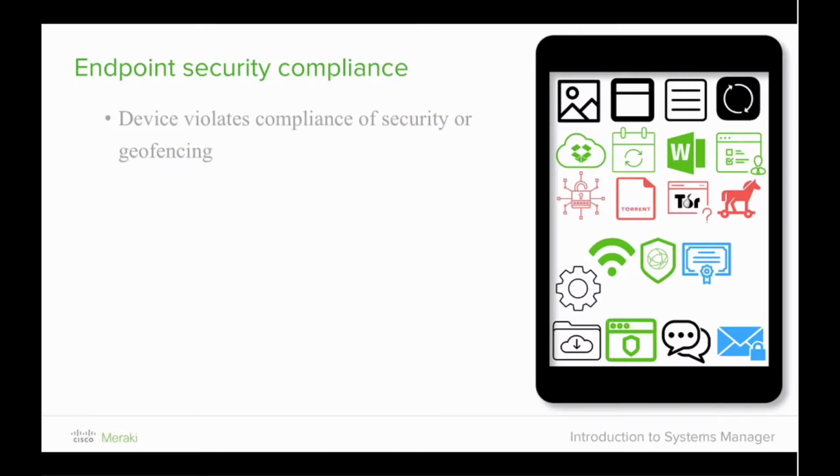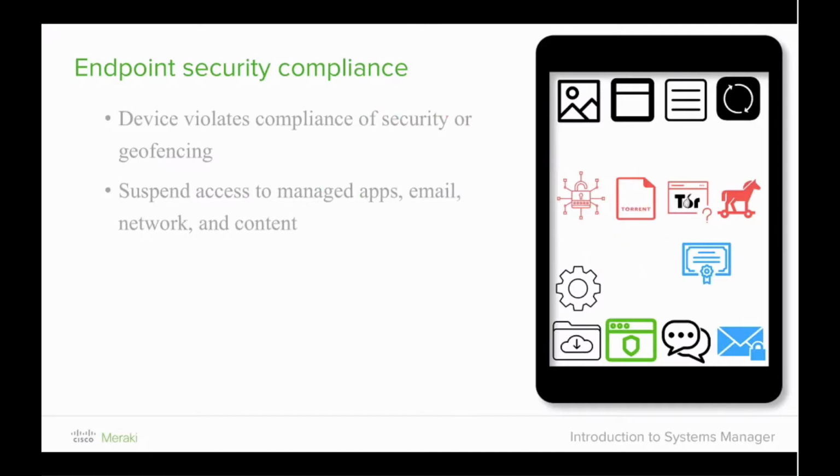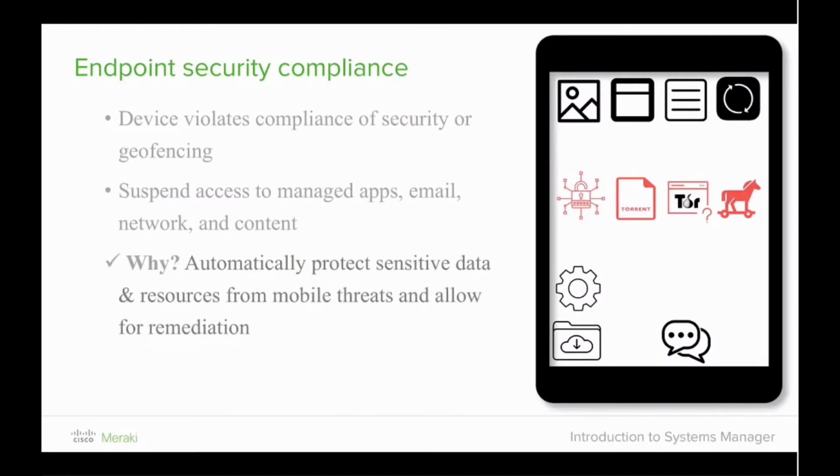What's going to happen automatically is we're going to suspend access to all managed applications, emails, network, content, essentially any of that shared information that we have provided. So we're locking that device down, we're quarantining it, and then this allows IT departments to go in while the information that was on that device is protected, and they can then go in and resolve whatever the issues are.